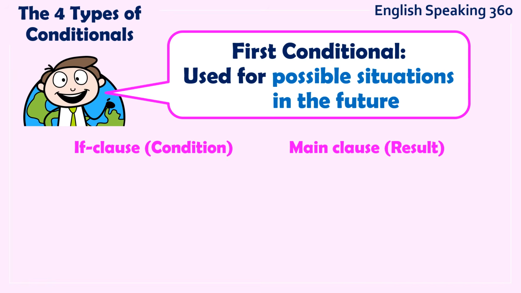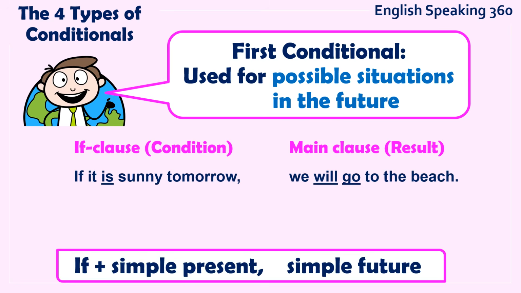Now, the second kind of conditional is called the first conditional, and it is used for possible situations in the future. The construction is the same, but the verb tenses are different. You notice the beginning is the same, simple present, but in the result clause we use the simple future, not the simple present.